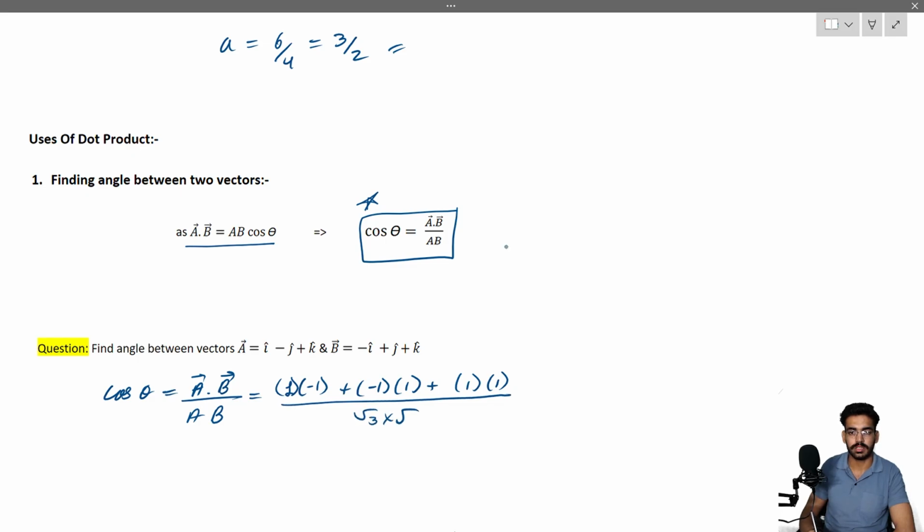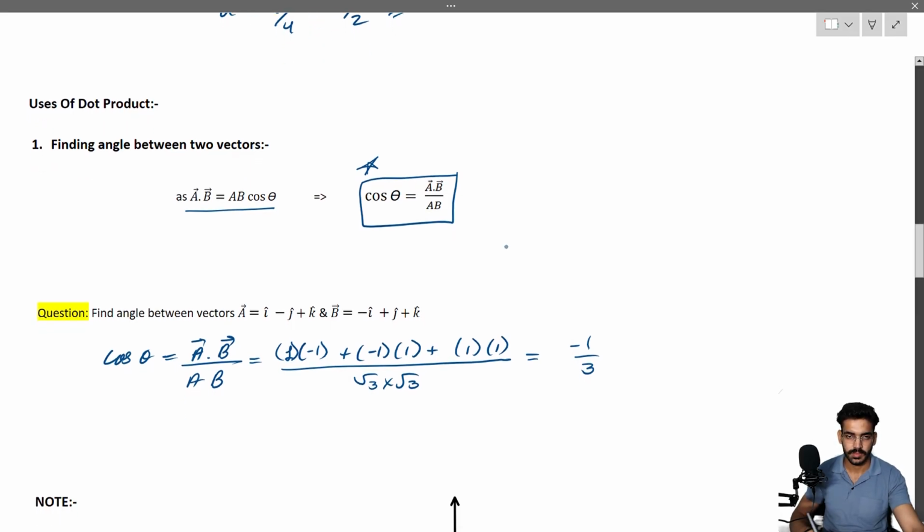So minus 1 plus 1 plus 1 is going to be 1, so cos theta is 1 by 3. Okay, I hope this is clear. So from here theta I can see is cos inverse of 1 by 3.